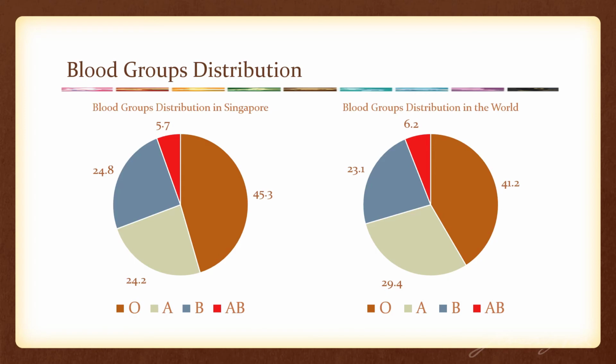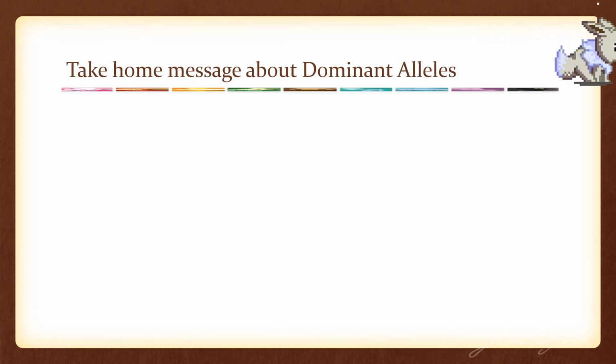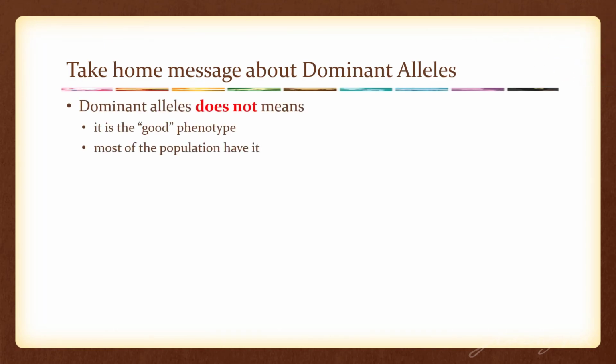Just because something is dominant doesn't mean most of the people have it. Just because something is recessive doesn't mean that it has the least amount of phenotype in a population. So the take-home message for dominant alleles is this: just because an allele is dominant does not mean that it is a good phenotype.